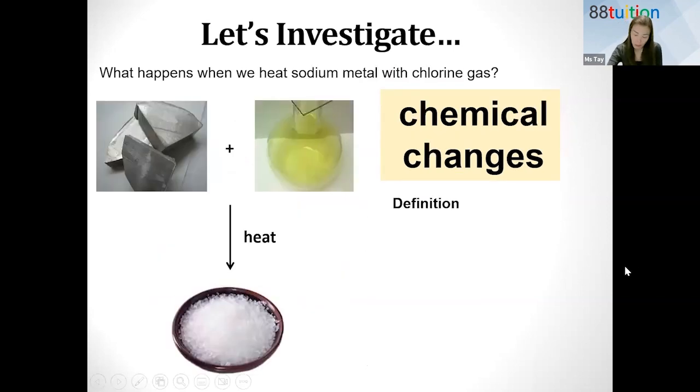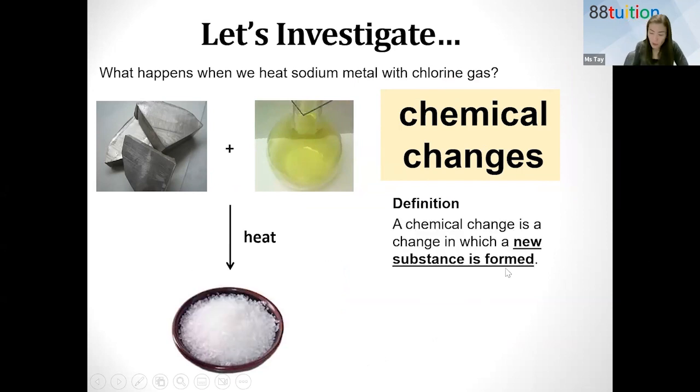Okay, look at this one. Referring to chemical changes, now we have two different substances. This is sodium metal. This is chlorine gas. So these two, when combined and we heat it, we form a new substance. So a chemical change is a change in which a new substance is formed.